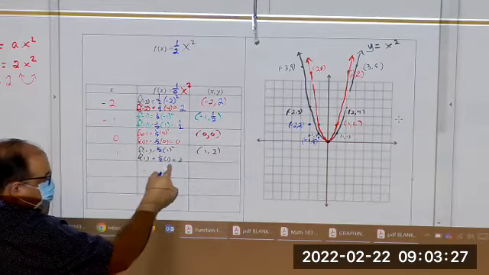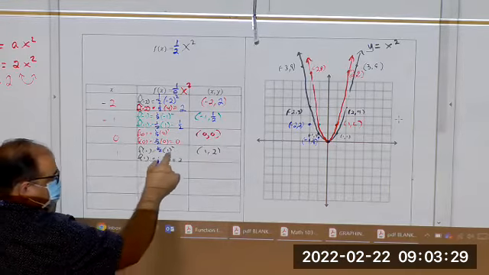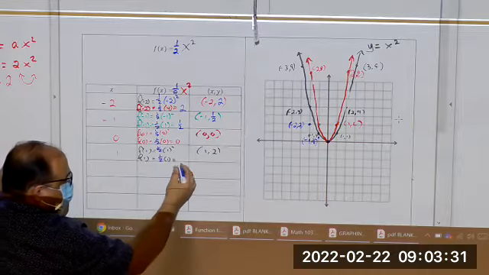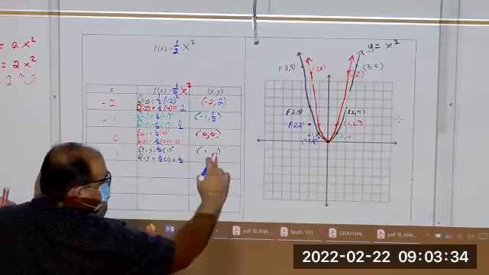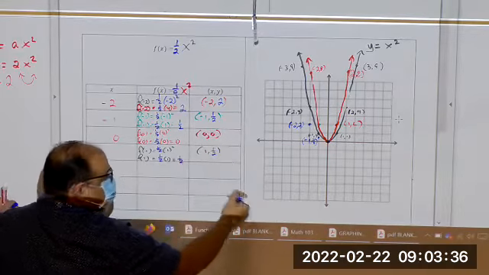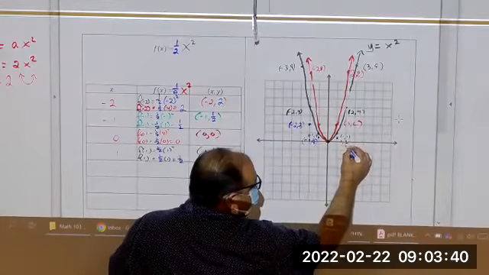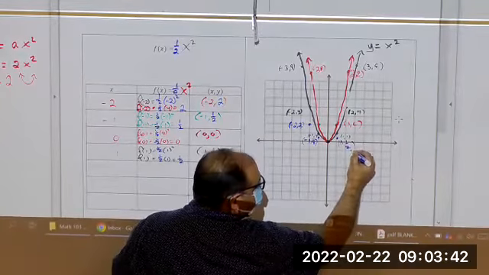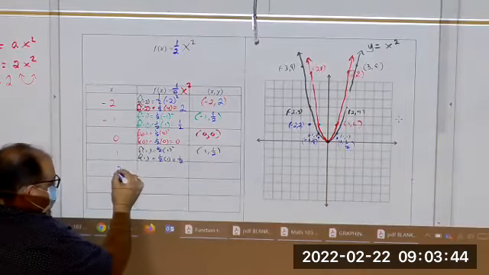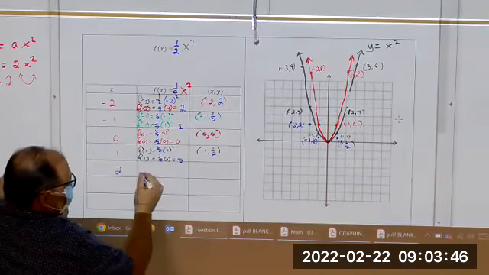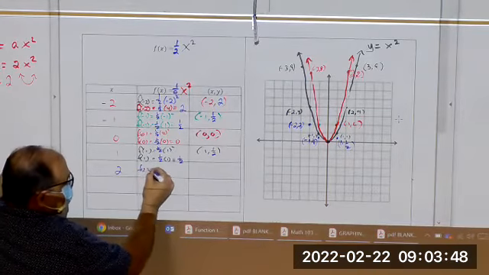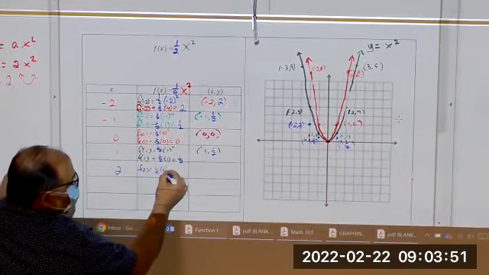And then look at the repeats. 1 squared is 1. Half of 1 goes back to a half. Now it's heading back up. Right here. 1 goes in, we get a half. Then 2 goes in. We're going to get half of 2 squared.